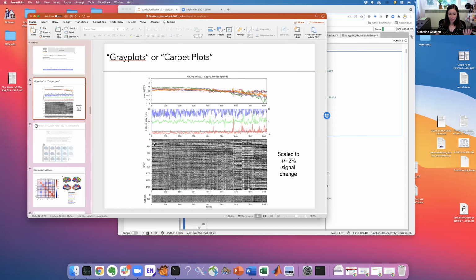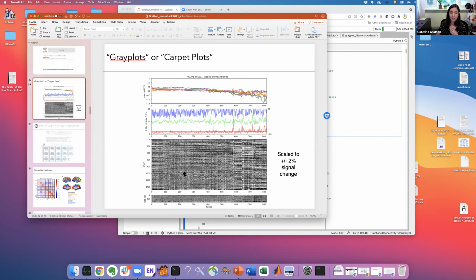The heart of this plot is this piece down here, which is the gray plot or the carpet plot, which is a bunch of different time series just stacked on top of one another. These are from the cortex, and you can have them from white matter and CSF below. The x-axis here is time from this particular session.